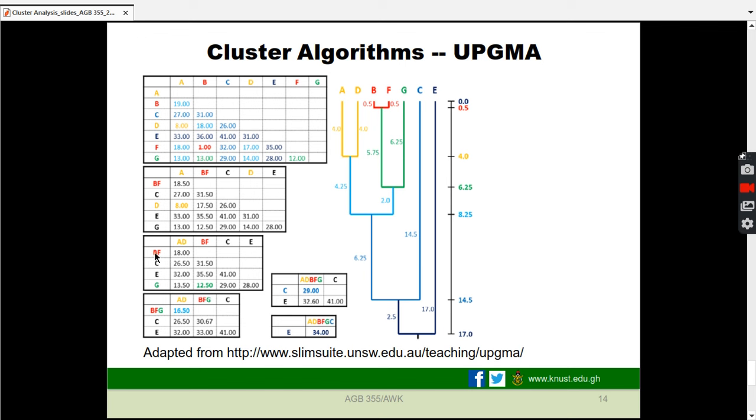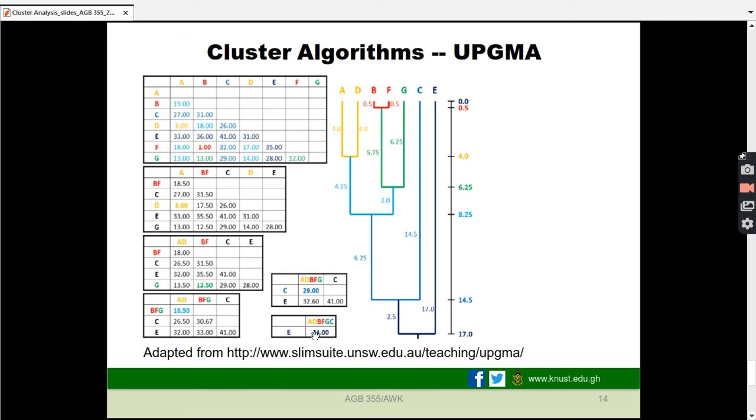Here we would have to find the average: AB is 19, plus AF, which is 18, plus DF, 17. Divided by 3, you find your average. That is how you do it for all the data till you get to a single one here. After you've done that and gotten your data, now we have to draw the clusters.